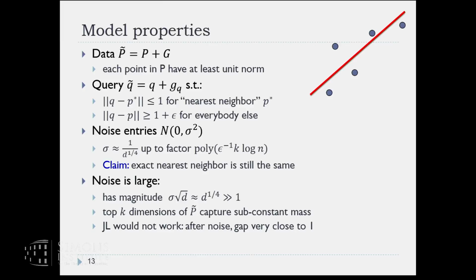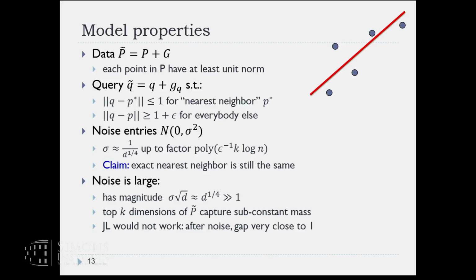As opposed to P, where if you start without the Gaussians, you have k positive singular values and then everything else is 0. So this would not work. And Johnson-Lindenstrauss would not work either, because after the perturbation, the one that you start with, P star, is still the closest one, but the gap has narrowed by so much, right?